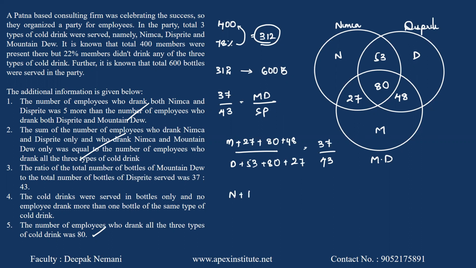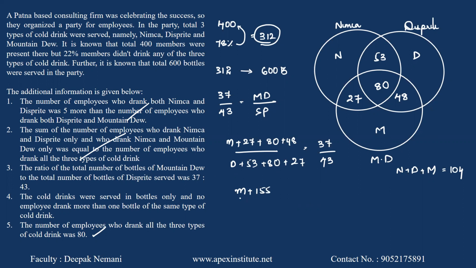So we have n plus d plus m plus 53 plus 27 plus 48 plus 80 should be equal to 312, and we'll have one more equation in terms of n, d, and m, which will be n plus d plus m is equal to 104. Clear?